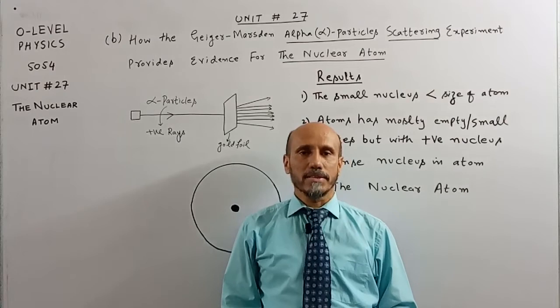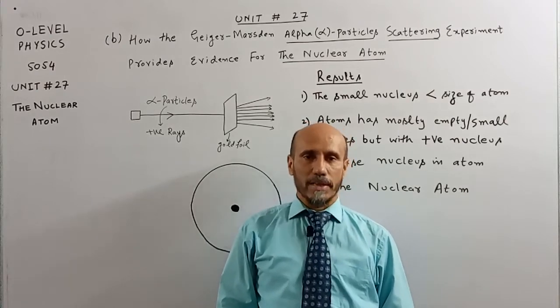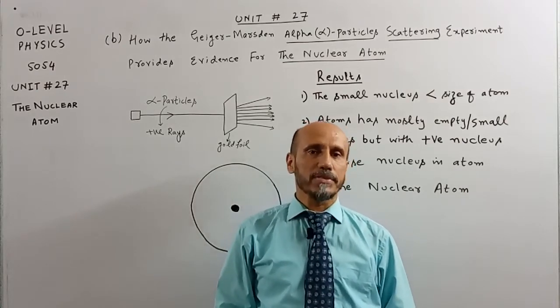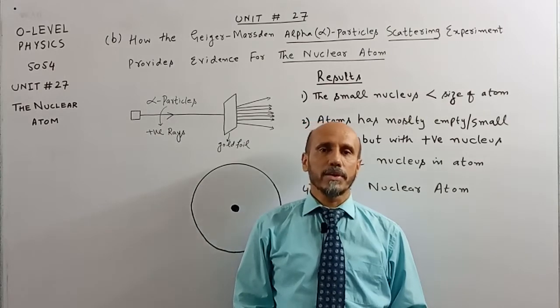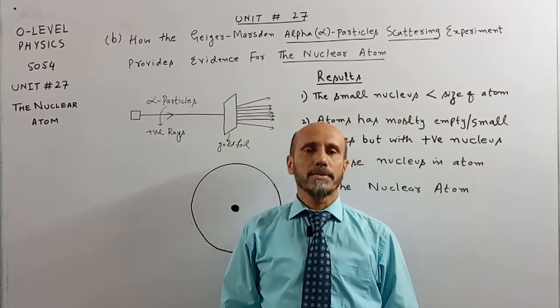Today we will discuss another unit of your syllabus of O-Level Physics 5054, that is unit number 27, the nuclear atom.